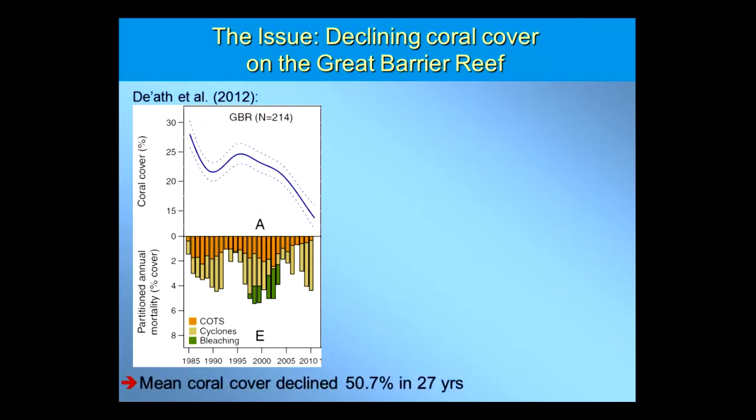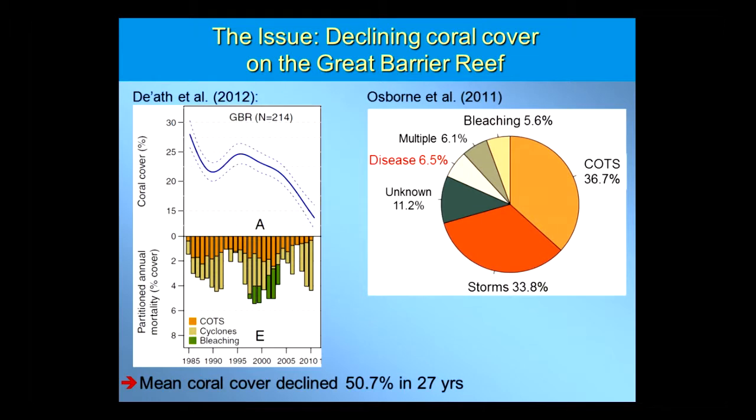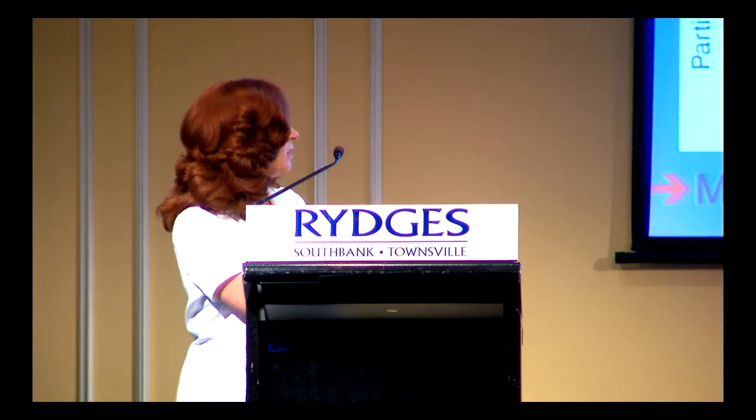Now, you've already seen these two graphs. Jamie showed them this morning and nicely set up the points that I would like to make. First off, with the Death paper, the results show from Manta tow survey data that mean coral loss on the Great Barrier Reef has been driven primarily by storms and bleaching.